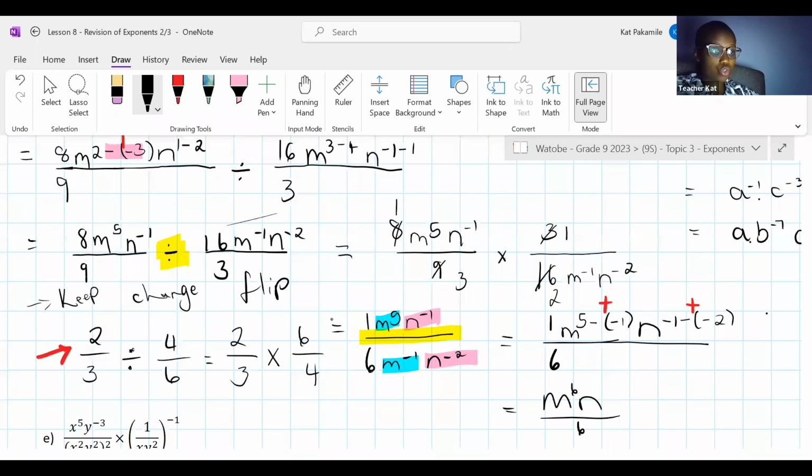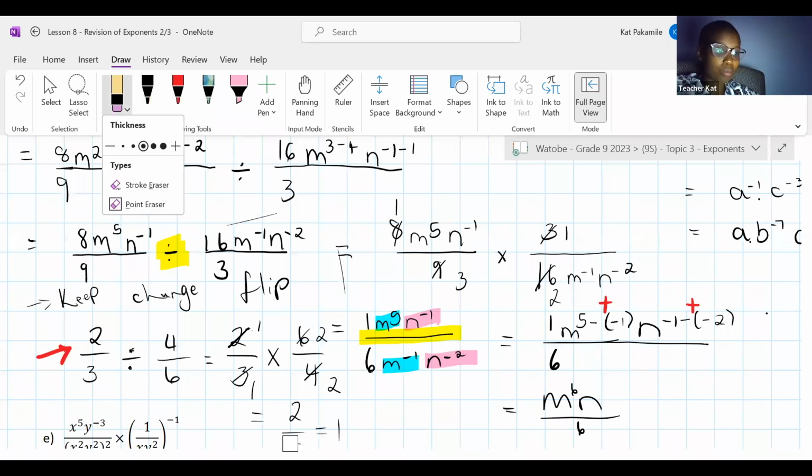So 2 goes into itself once and into 4 twice. 3 goes into itself once and into 6 twice. Then you multiply. 1 times 1 is 1, 1 times 2 is 2. But it's meant to make your fractions easier to work with. That's all it's meant to do.